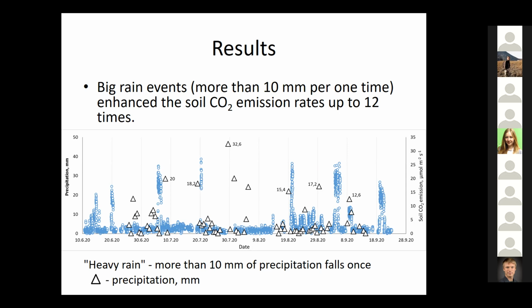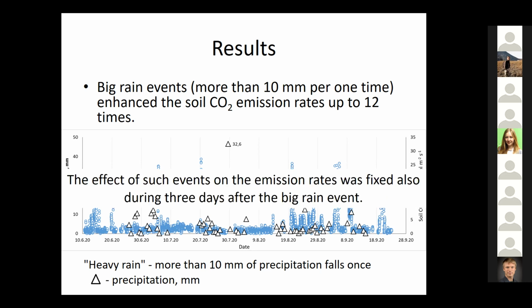So as you see, it's really a lot of CO2 released after these big rains, which we can detect during the seasonal measurement, and even more from the model observation too. Just from the direct daily measurements, we can catch these CO2 releases during the first 3 days.